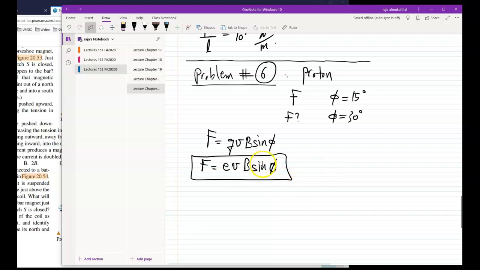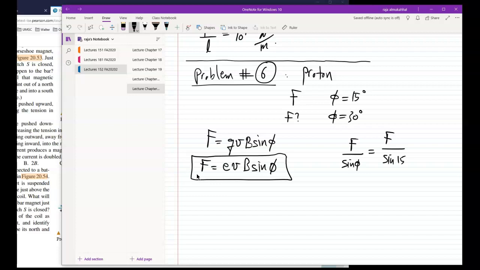You got that? So what I would do is this. If I take this sine phi and move it to the other side, okay, I'm making a trick here because I want to solve it. F over sine phi, and for our situation in terms of the 15 degrees, it's going to be F over sine 15.